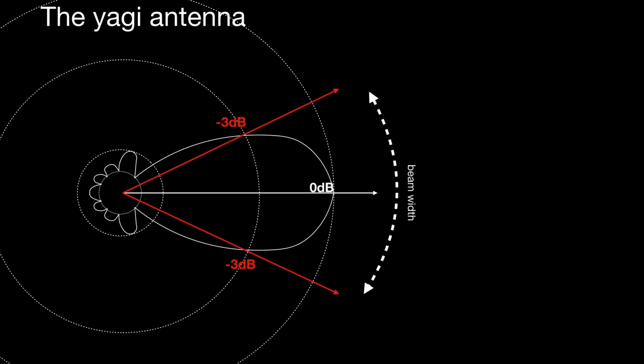That's our beam width at the -3 dB or half power point. That means that if we rotate the antenna through half of the beam width, then a stationary receiver will receive half the power that it was receiving.